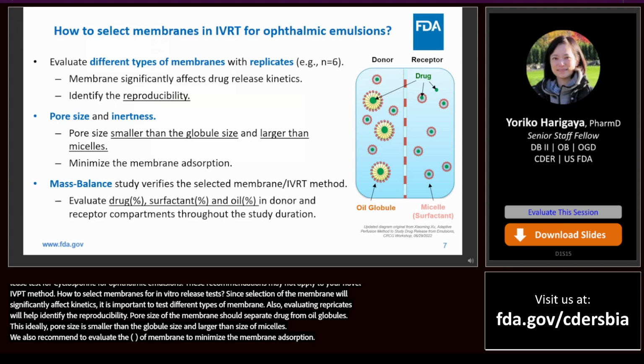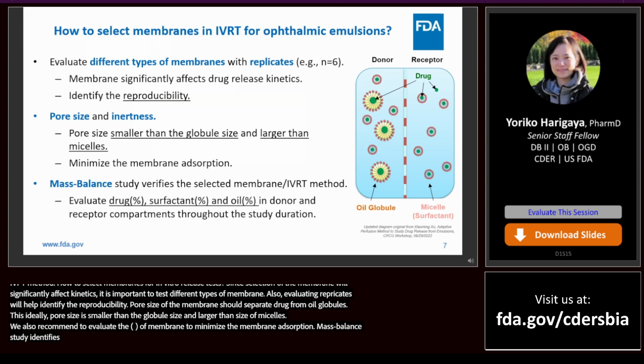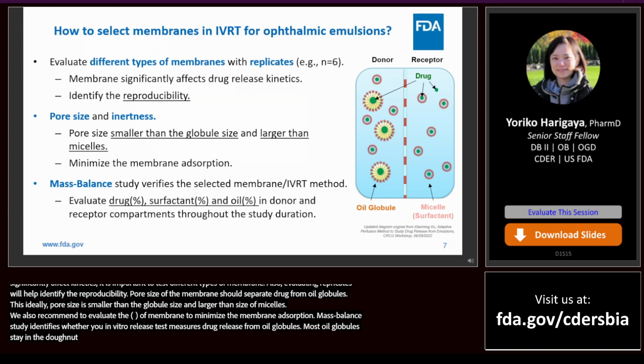Mass balance study identifies whether your in vitro release test measures drug release from oil globules. Most oil globules ideally stay in the donor compartment when drug and micelles are released to the receptor compartment.